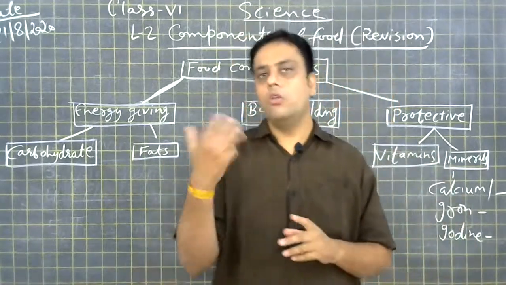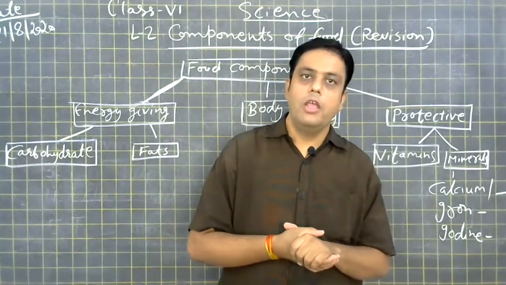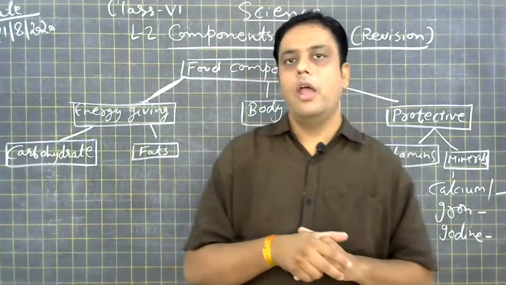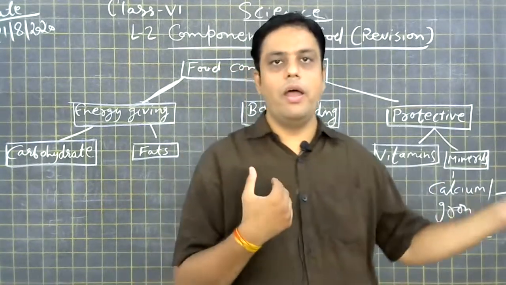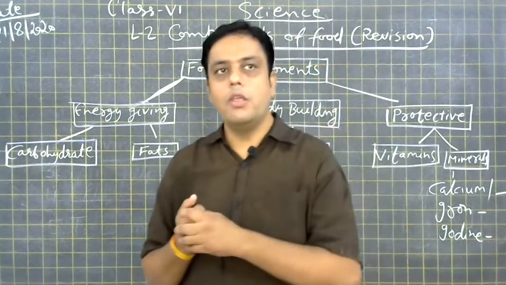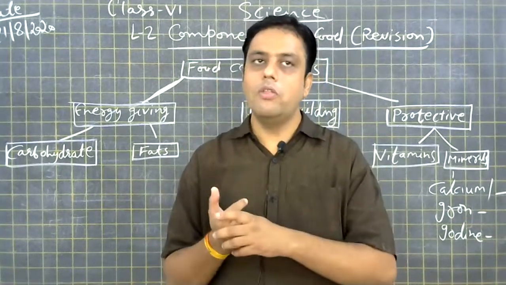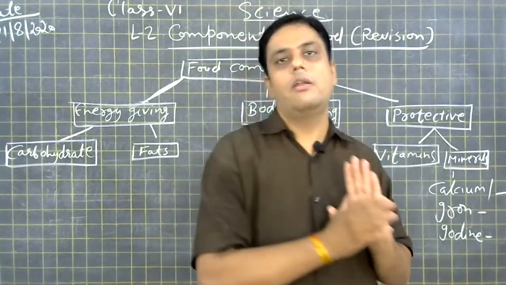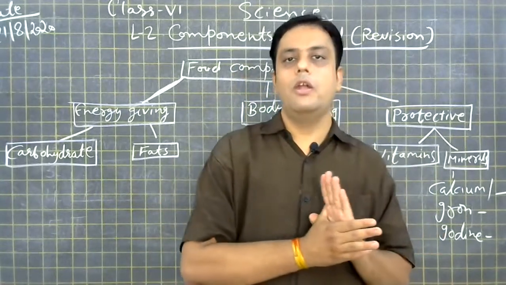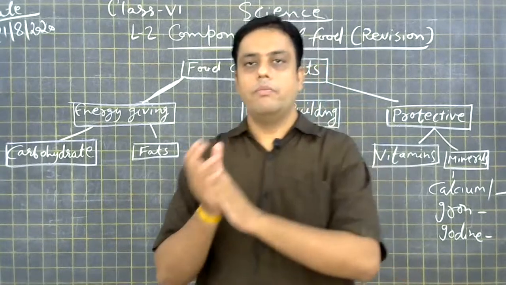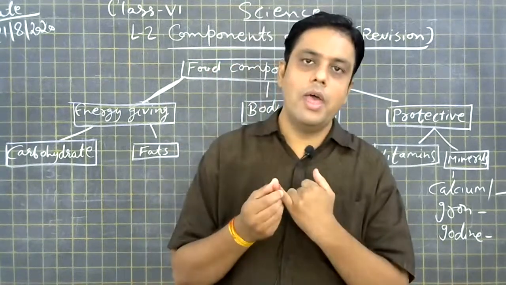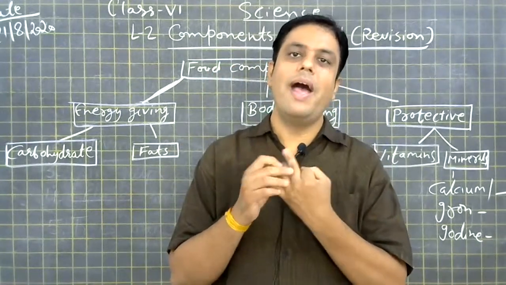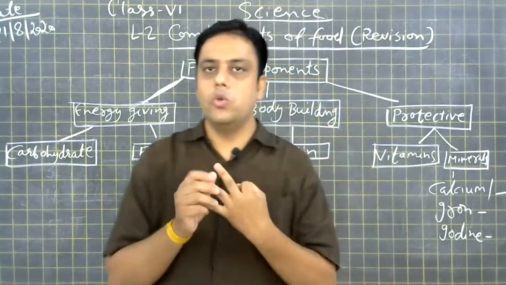And occupation is also important. If a soldier, a teacher, a shopkeeper or a policeman is there, according to the different type of occupation, the balanced diet will differ. So age is there, occupation is there, health is there. These are some issues.